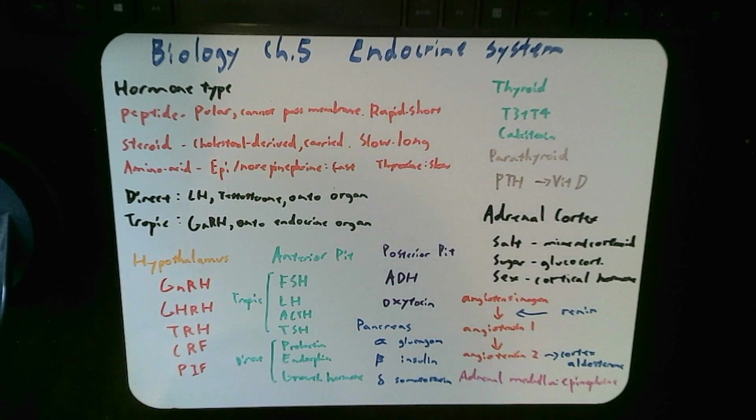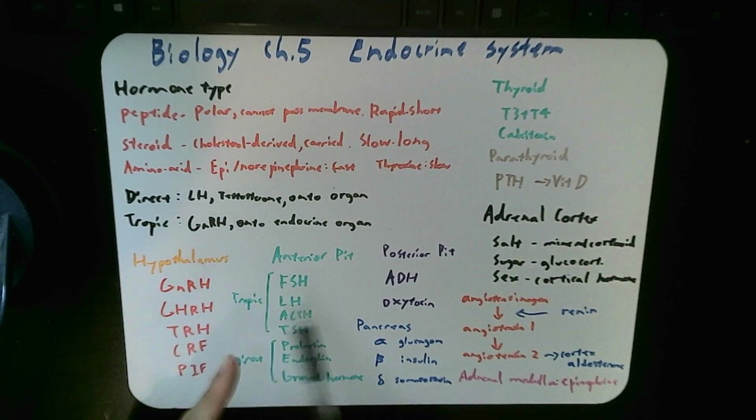Typically, the tropic hormones are the ones that trigger the release of a secondary hormone, and we will see this in the hypothalamus action. From the hypothalamus, we have gonadotropin releasing hormone that triggers the activation of the follicle stimulating hormone and the luteinizing hormone in the anterior pituitary gland. The reason it goes from the hypothalamus to the anterior pituitary gland is so that there's a layer of regulation.